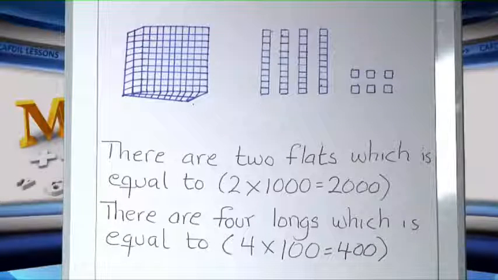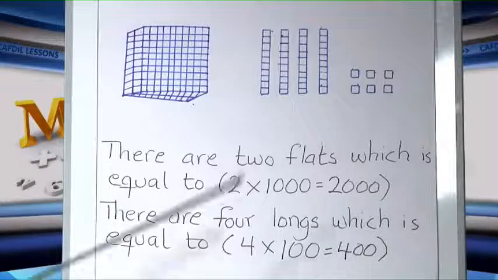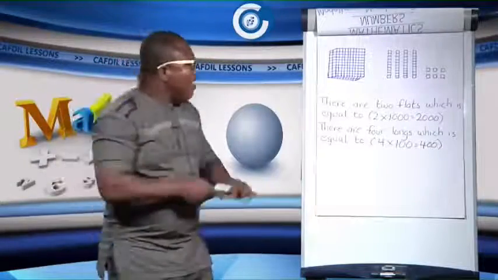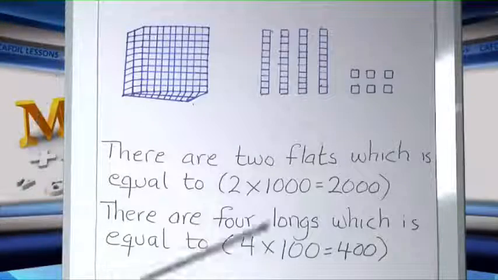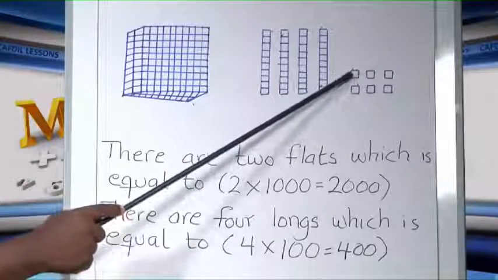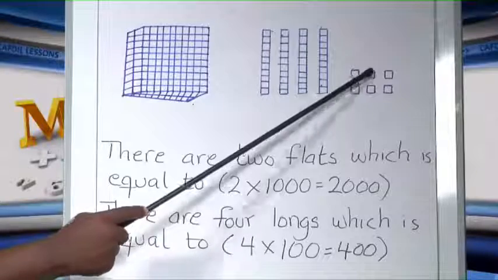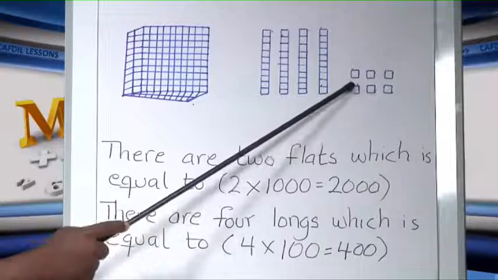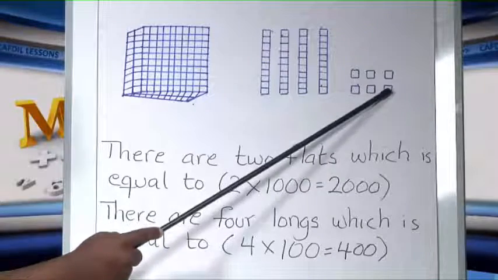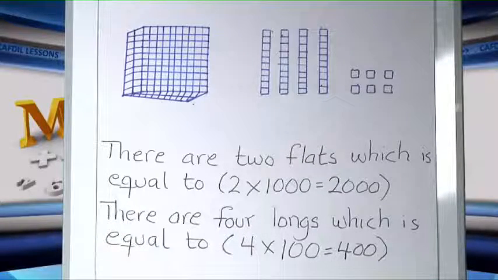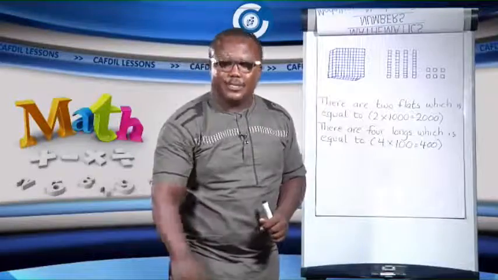Now learners, let us also look at the cubes. How many cubes are there? Let's count and see. 1, 2, 3, 4, 5, and then 6. So here we are having 6 cubes.